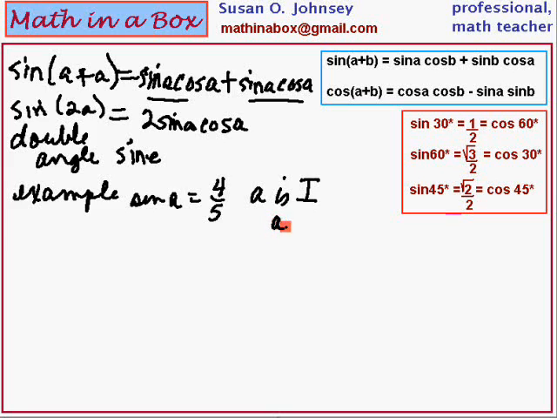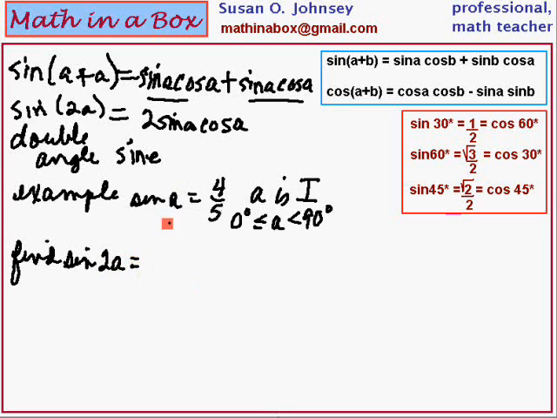You could write it that way: A is less than 90, but it's greater than or equal to 0 degrees. Then my question is, find the sine of twice that angle, sine of 2A.